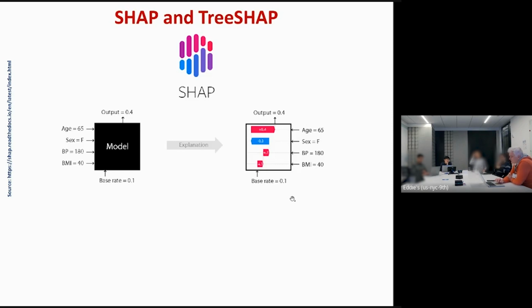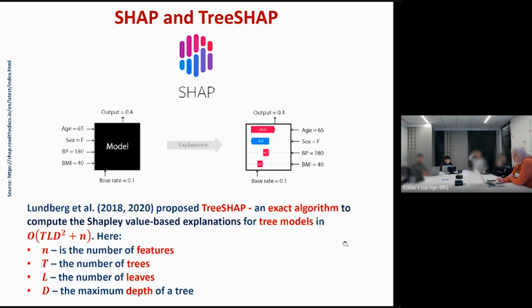Essentially what was done in the Lundberg et al. paper in 2019 and 2020, they proposed something which is interesting from the algorithmic point of view. They proposed the TreeSHAP algorithm, and this is an exact algorithm that computes Shapley value-based explanations for tree models in polynomial time.